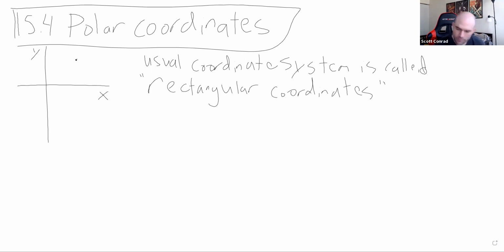And in R2, the way that works is we have an x-axis, we have a y-axis. We see how far along the x-axis in the positive and negative direction we go.